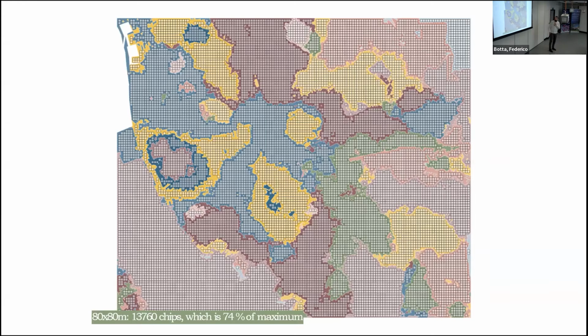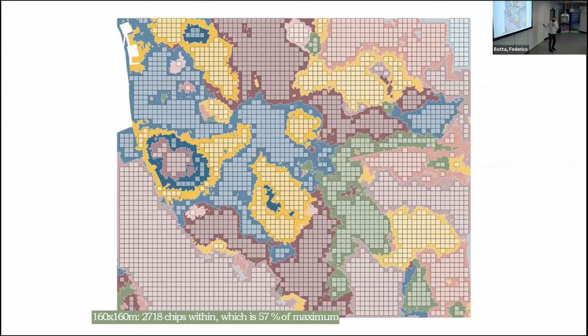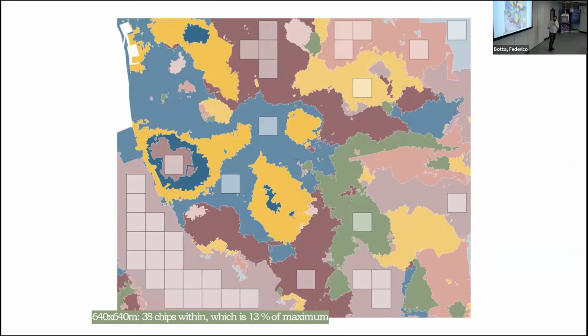And if you work with chips which are 8 by 8 pixels or 80 by 80 meters, you can get quite a lot of them. However, the information in 8 by 8 pixels is not very high. So we can try to go larger, but as larger you go, the less pixels, the less chips you can actually select.